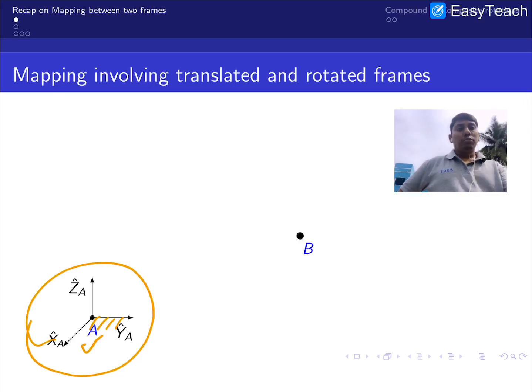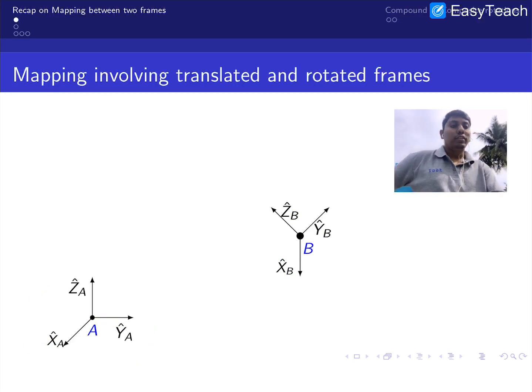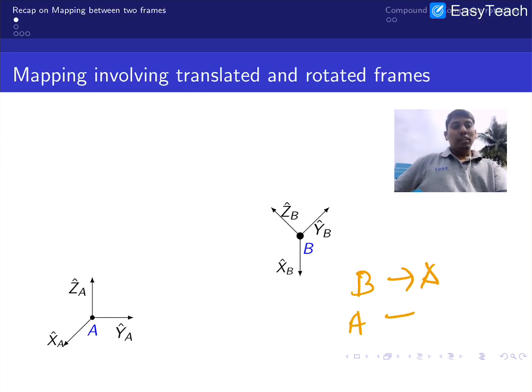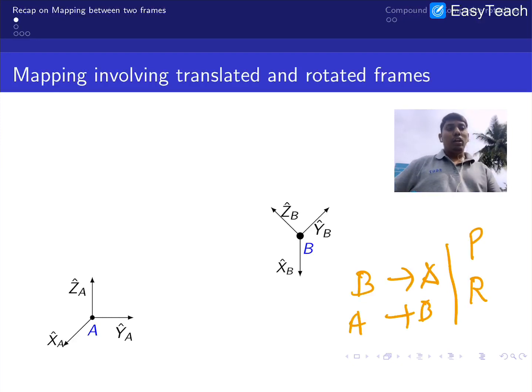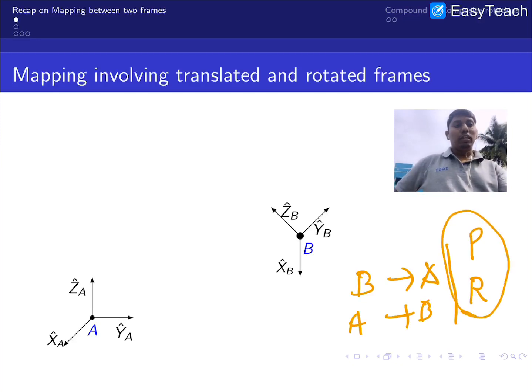Now we assume that there is a body, for which we denote the frame B. This B has a different orientation with respect to A, and it is also translated with respect to A. To have the relation between B and A, or A and B, you need two pieces of information: one is the positional information, the other is the rotational information. Combining these two in terms of a single matrix is what we call the transformation matrix.